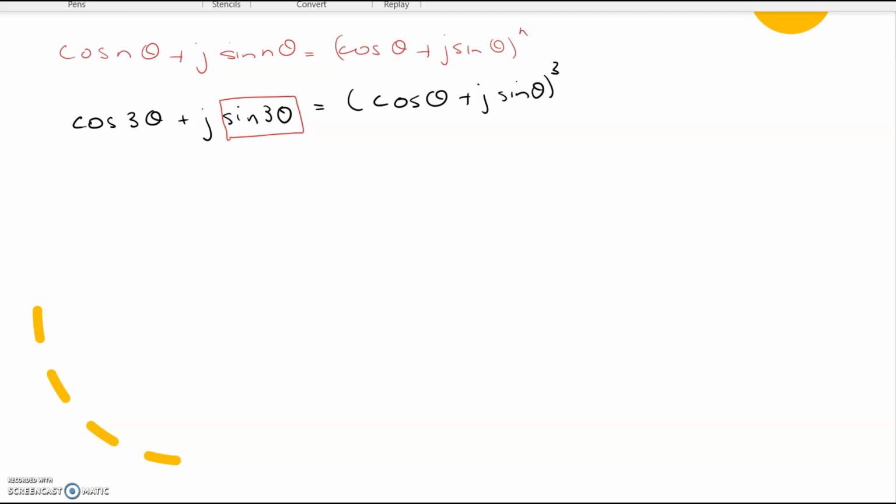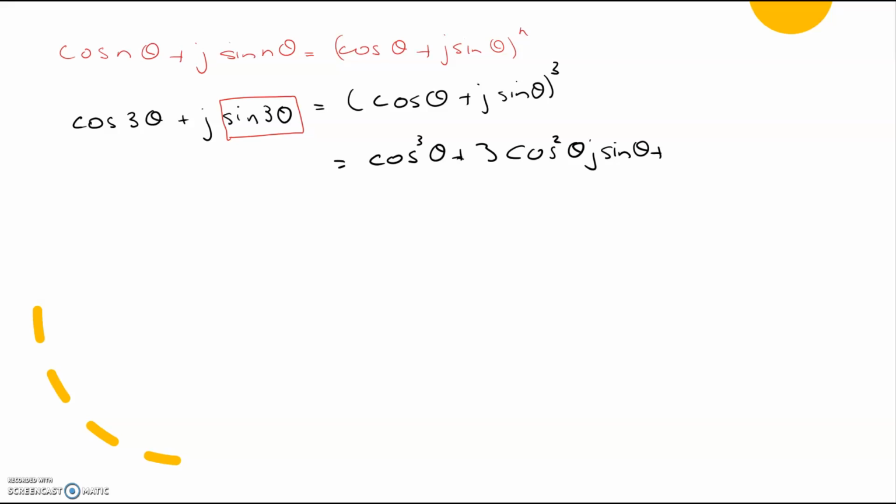Okay, let's expand that. Let's expand the right hand side. So we've got cos cubed theta plus, I'm just using Pascal's triangle to make it quicker, 3 cos squared theta j sine theta plus 3 cos theta j sine theta squared plus the last term, which would be j sine theta cubed.